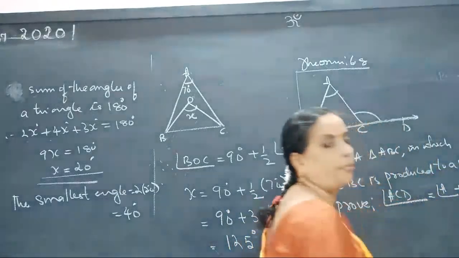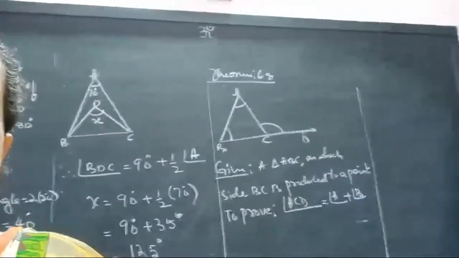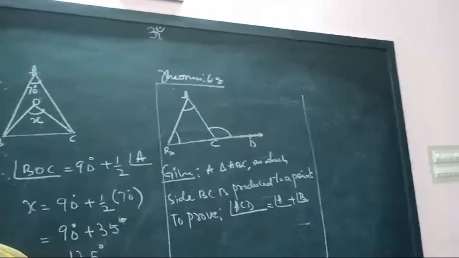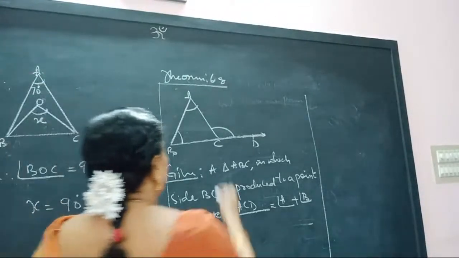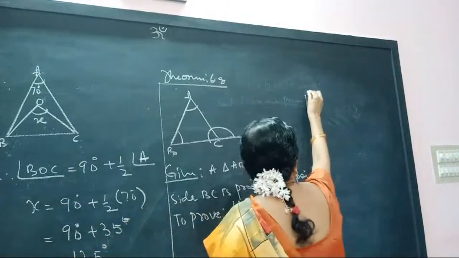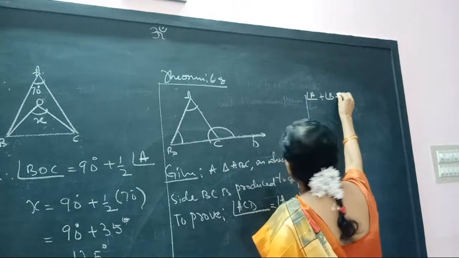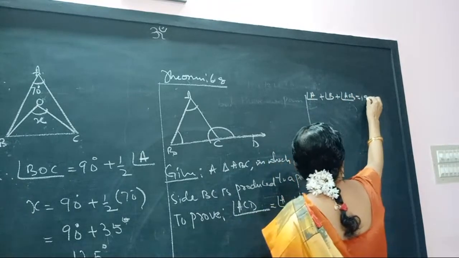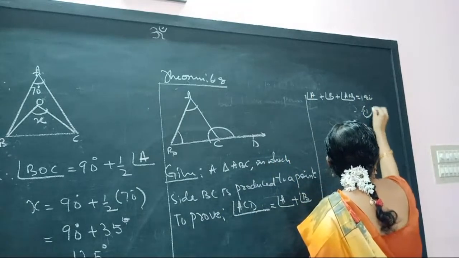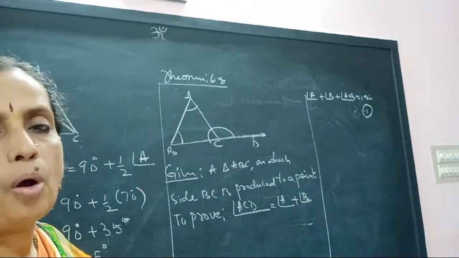Proof. What proof? You know angle sum property of a triangle and also linear pair angles. That is, angle A plus angle B plus angle ACB equals 180 degree. Result 1. Reason: theorem 6.7.